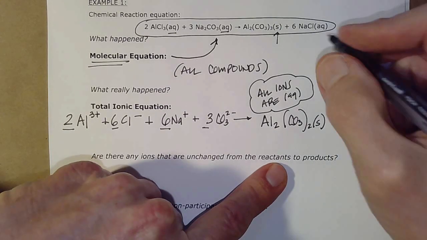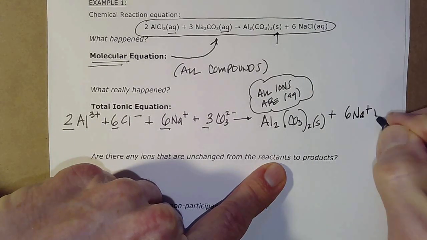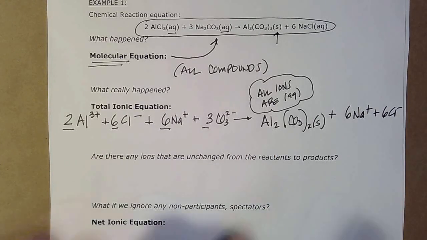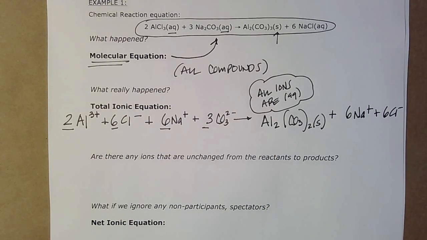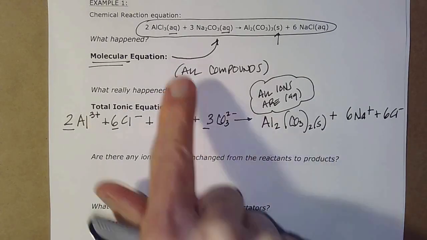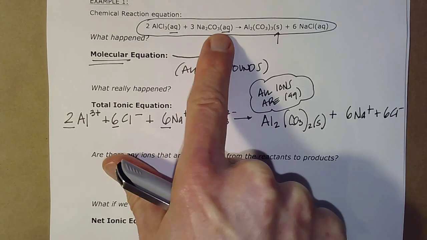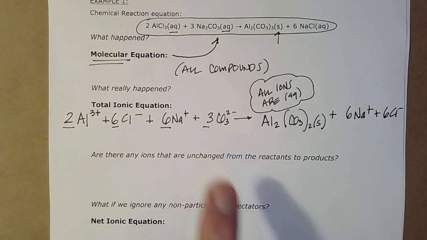And then I could say, okay, now I'm going to take this 6 Na+, 6 Cl-. Now what I've done is I've broken everything up into ions. Instead of saying aluminum chloride, no, there are aluminum ions and chloride ions. There's no sodium carbonate, there are sodium ions and carbonate ions.